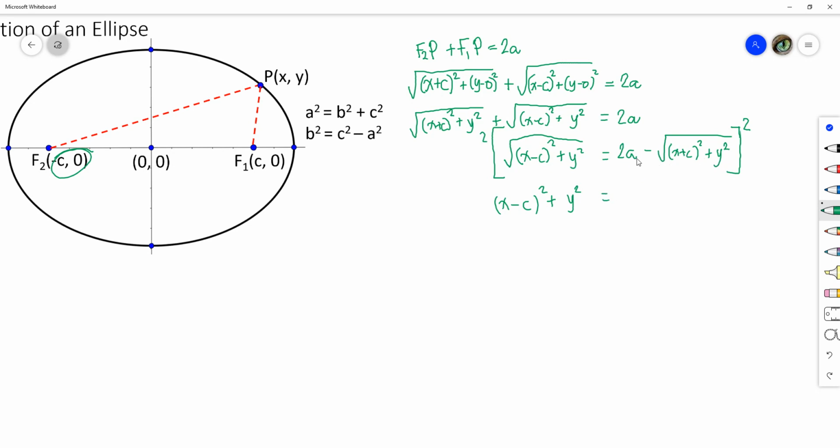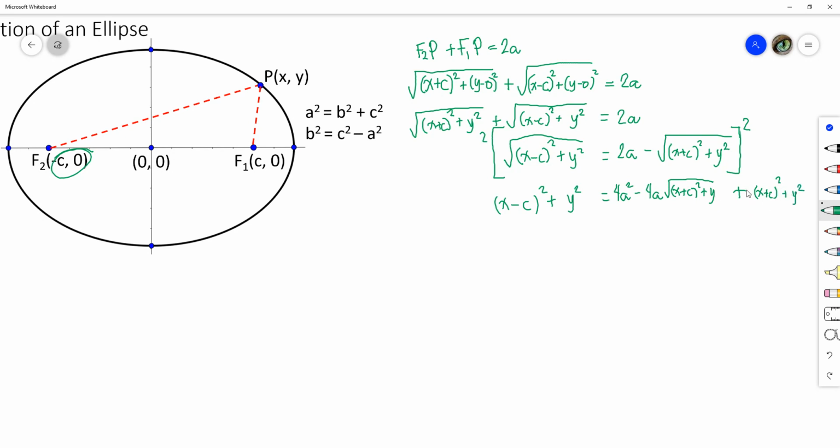Then we could have (2a) squared, which is equal to 4a squared, minus 2 times this quantity times this quantity, which is equal to 4a times the square root of the squared quantity x plus c plus y squared, plus the square of this quantity, which is the squared quantity of x plus c plus y squared.